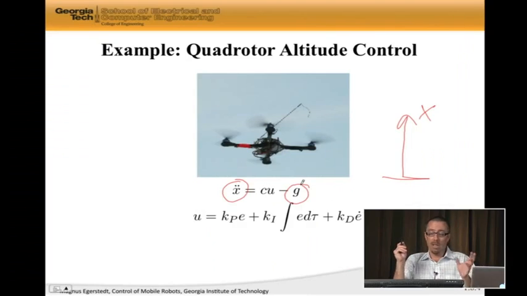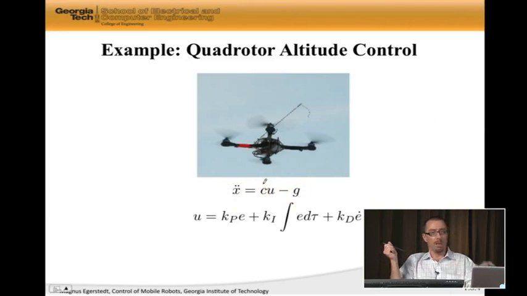And then what we're really controlling is the velocity of the rotor collective, the angular velocity of all 4 rotors of the quadrotor. That translates into thrust, an upthrust, through this coefficient c that we don't know. And we actually don't really know what the gravitational constant is either. But this is the model we're going to use, and this is the controller we're going to use.